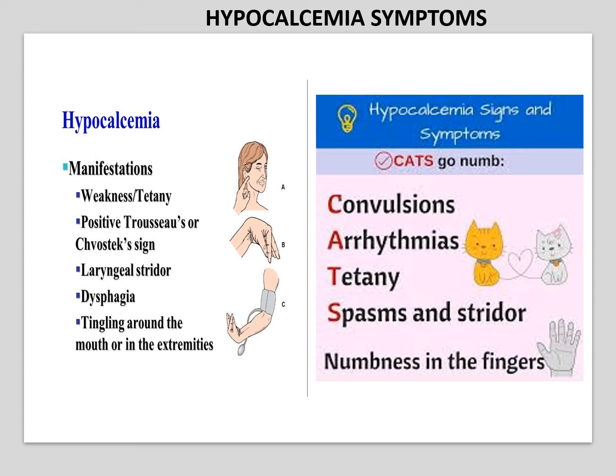Okay, and again, numbness in the fingers we already spoke about. So just think about heart, nervous system, muscles, the bones, because the low calcium will lead to increased PTH secretion and more bone breakdown. And lastly, the coagulation system.